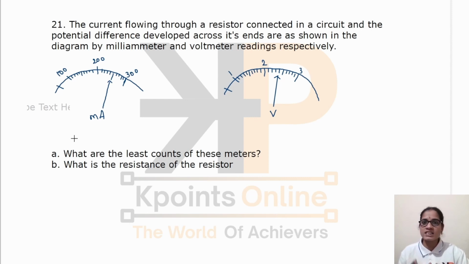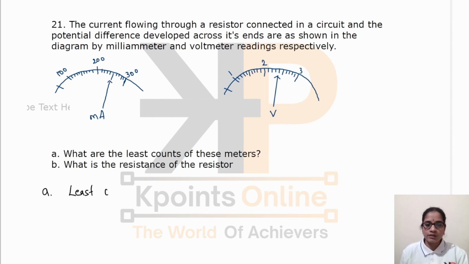It is the smallest value that the device can measure. How can we find it? Let's see here. Between these two readings, the difference in the current is 100 milliampere. 200 minus 100 is equal to 100 milliampere. And between these two readings, there are 10 divisions. So, for one division, what is the value? Let's see.